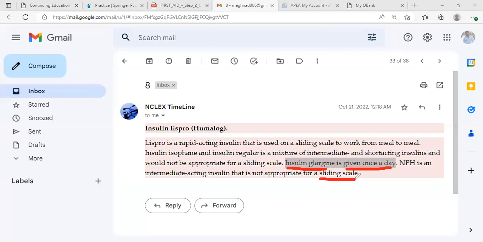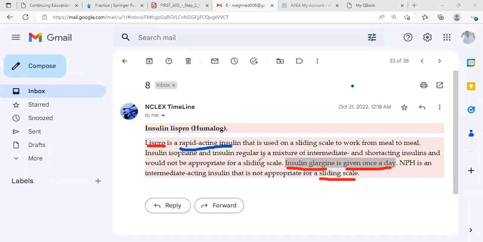So what is appropriate for sliding scale? This is lispro. And lispro is a rapid acting insulin that is used on a sliding scale to work from meal to meal. Right? And also another insulin, isophane, and insulin regular is a mixture of intermediate and short-acting insulin and would not be appropriate for sliding scale.